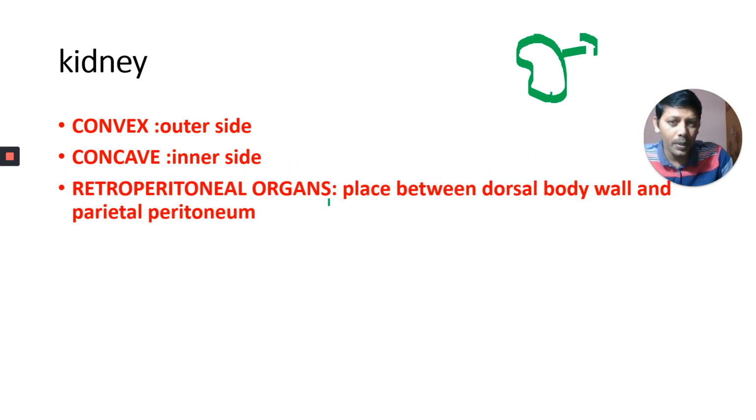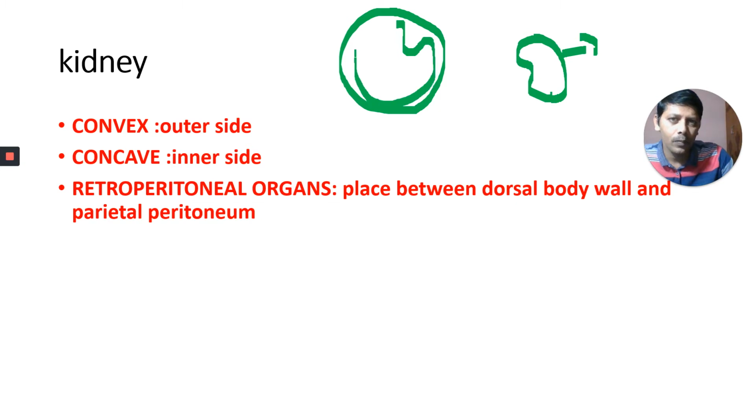The kidney is called a retroperitoneal organ. It is the place between the dorsal body wall and the parietal peritoneum. For example, this is the dorsal body wall, and here there is a peritoneum, and here there is a visceral peritoneum, and the kidney is located in this part.